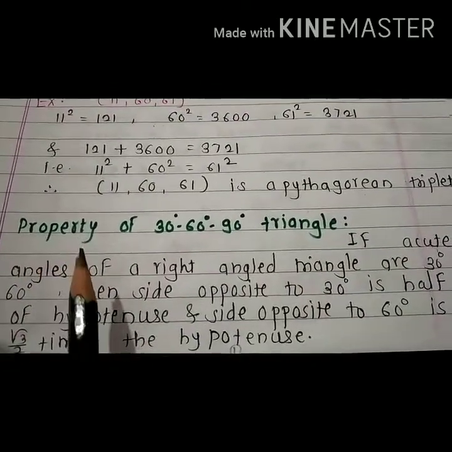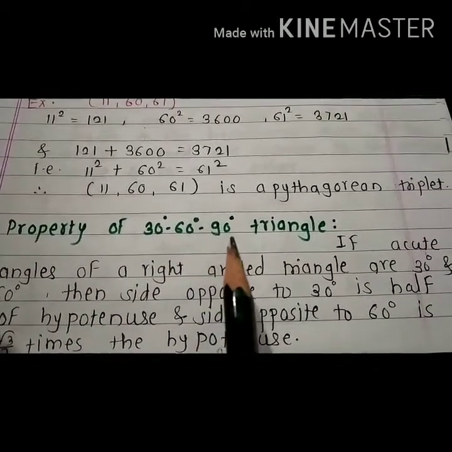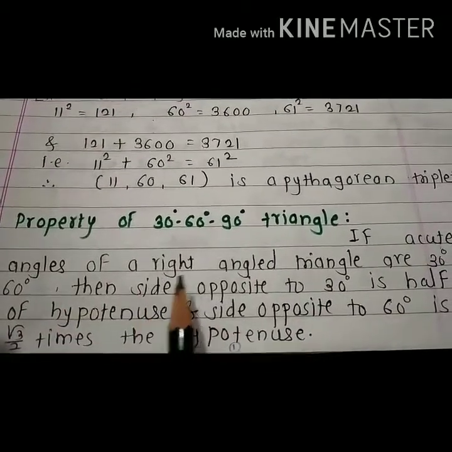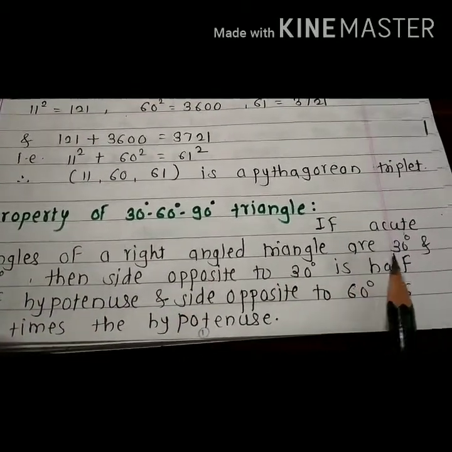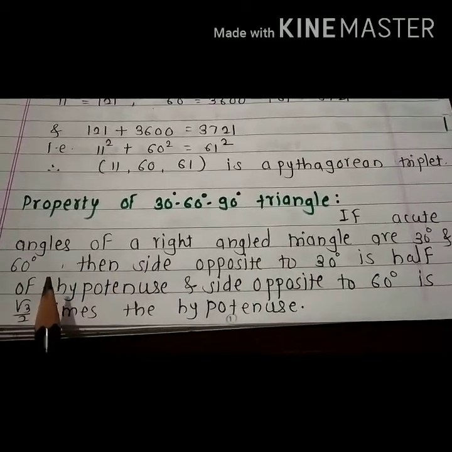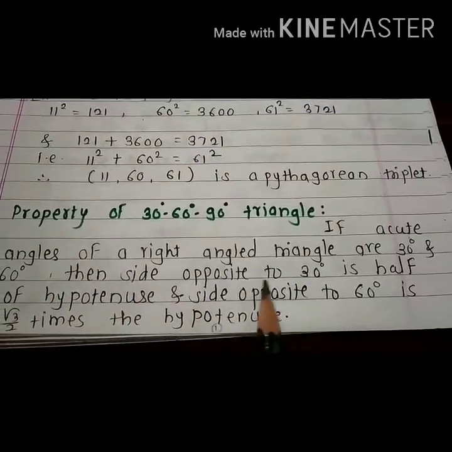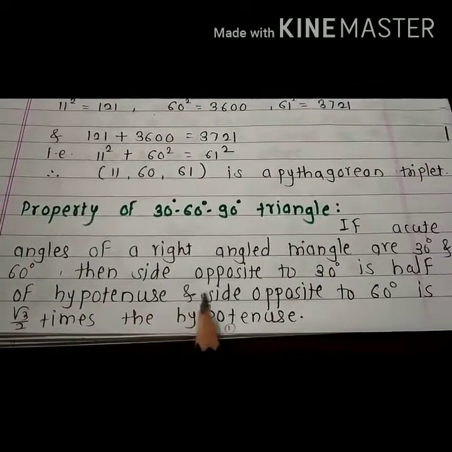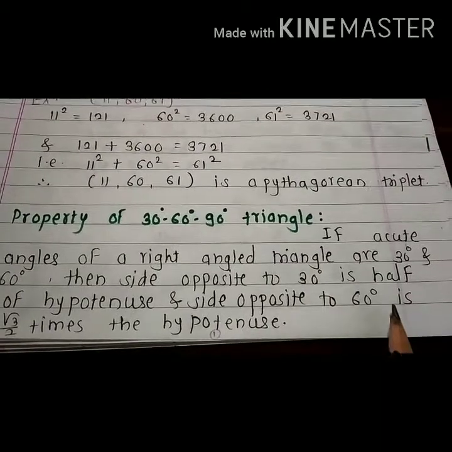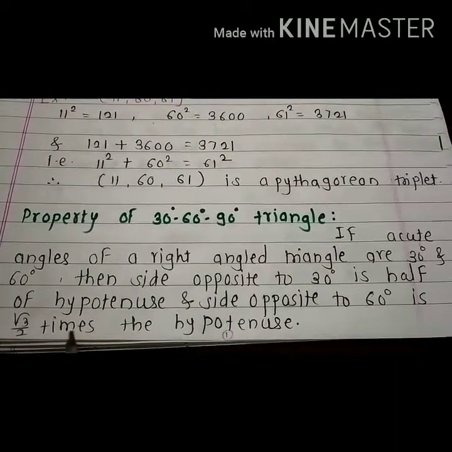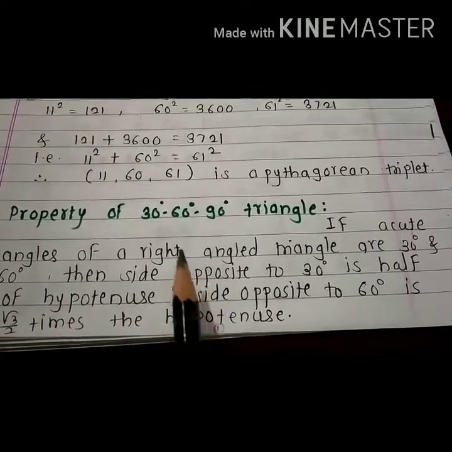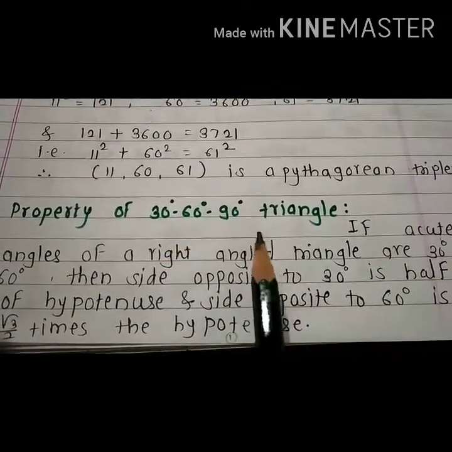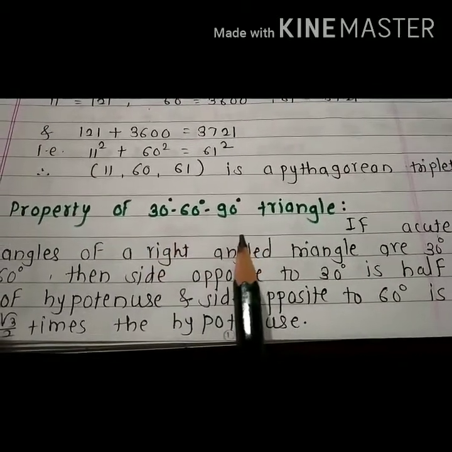Next is the property of 30, 60, 90 triangle. If the acute angles of a right angle triangle are 30 degrees and 60 degrees, then the side opposite to 30 degrees is half of the hypotenuse, and the side opposite to 60 degrees is root 3 by 2 times the hypotenuse. 30, 60, 90 triangle means the measures of the angles of the triangle are 30, 60 and 90 degrees.